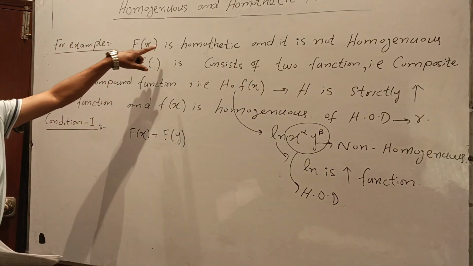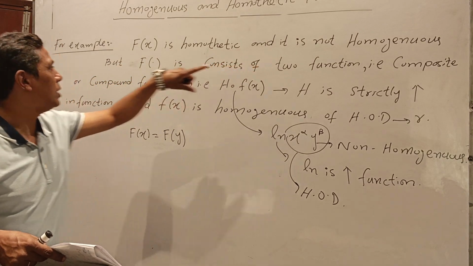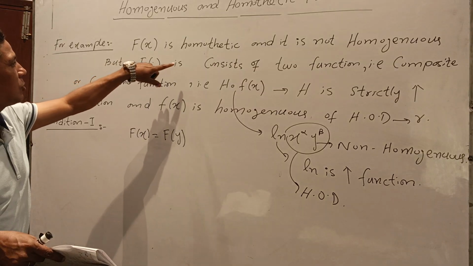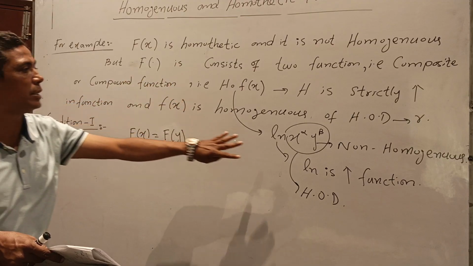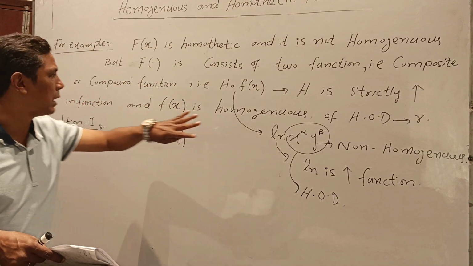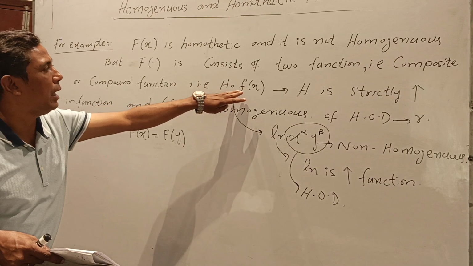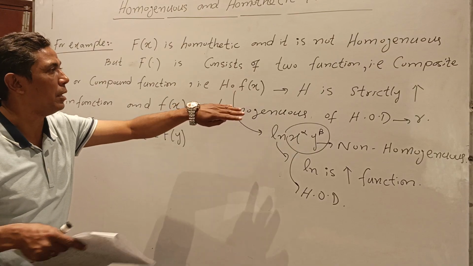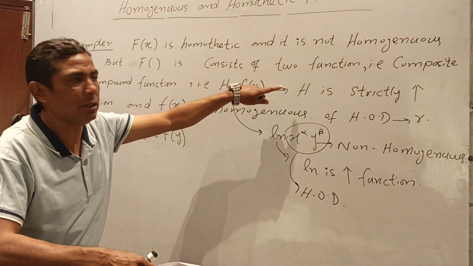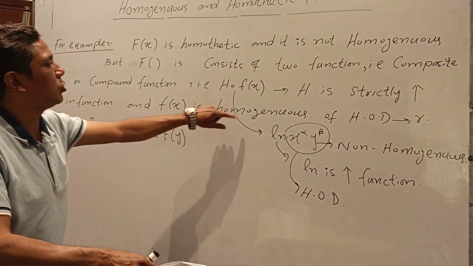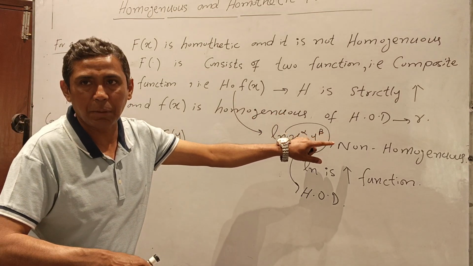Now f(x) is homothetic and it is not homogeneous, but f(x) consists of two functions, a composite or compound function, that is h of f(x). H is a strictly increasing function and f(x) is homogeneous of degree alpha plus beta.